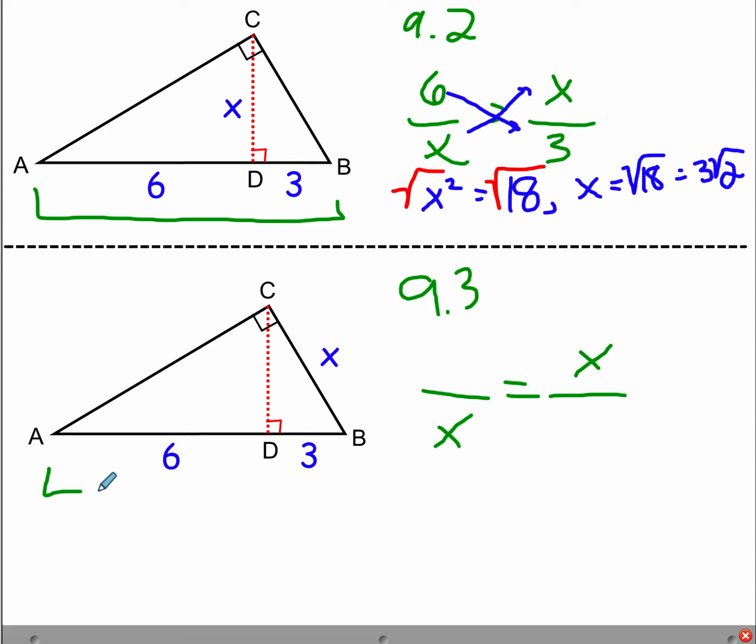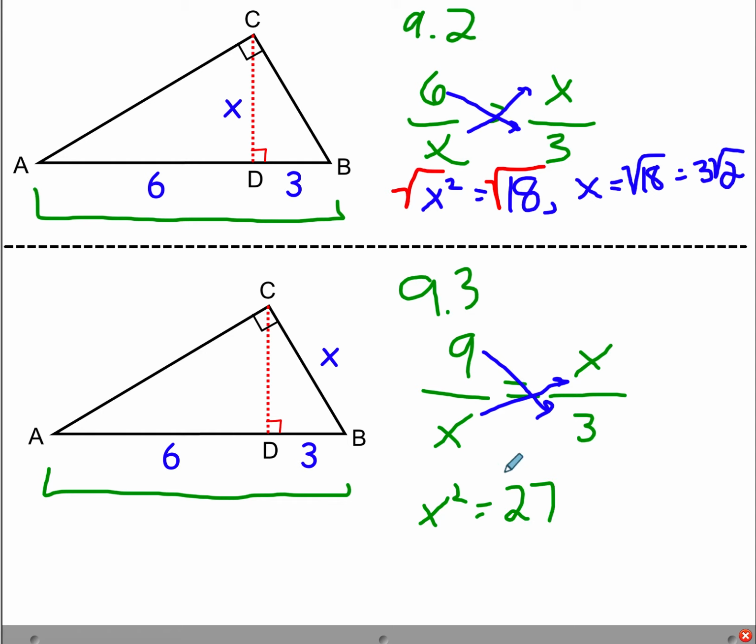Now look, we already said the length of our original hypotenuse here is 9, and the part of the hypotenuse that's touching x is 3. When we cross multiply, we get that x squared is 27. And so x would equal root 27, which simplifies to 3 radical 3.